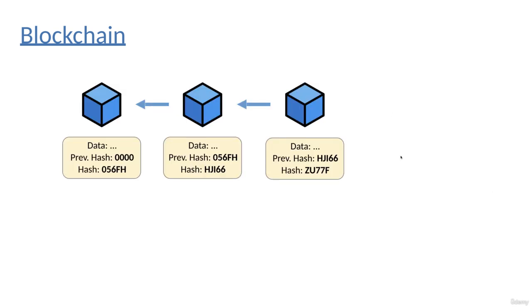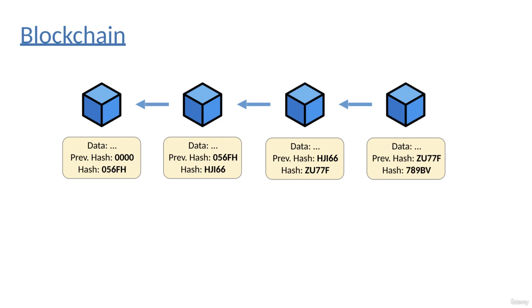So we are using cryptography related hash functions in order to identify every single block and in order to point to the previous block in the blockchain. If we have another block, of course we can store other data. Of course we have a hash identifying the actual block, and the previous hash is pointing to the previous block in the blockchain.